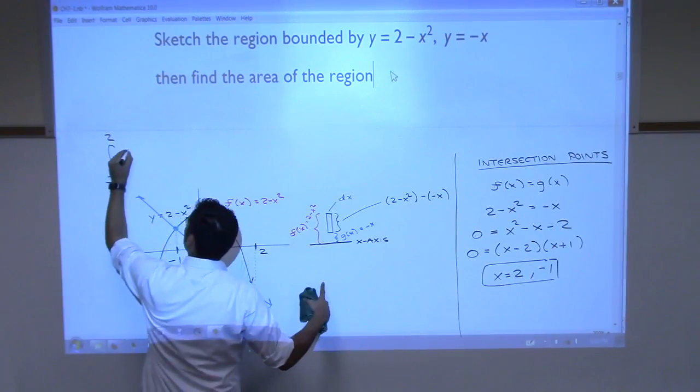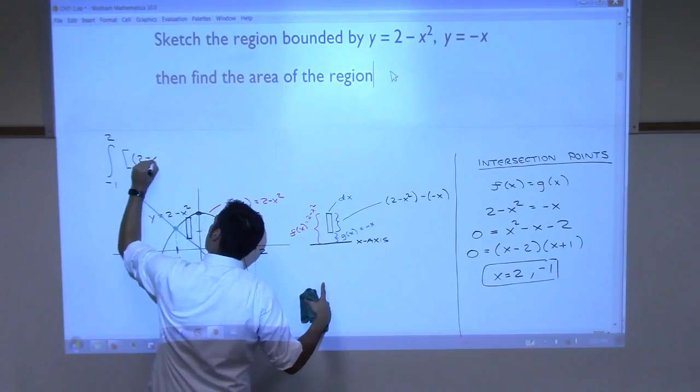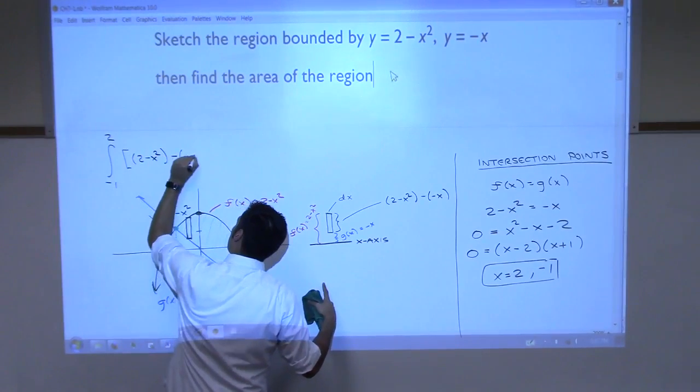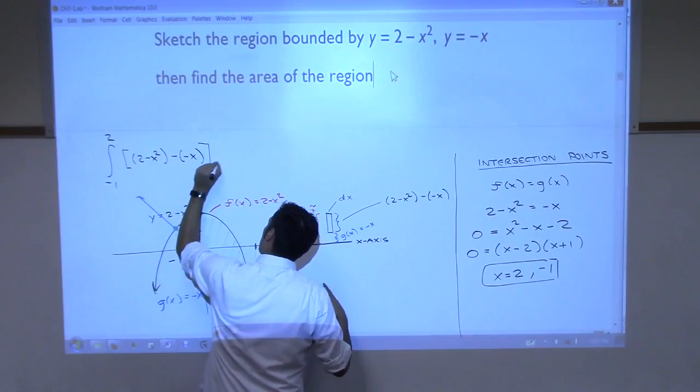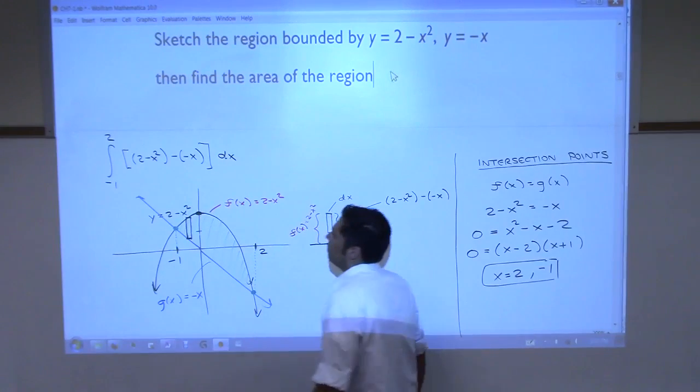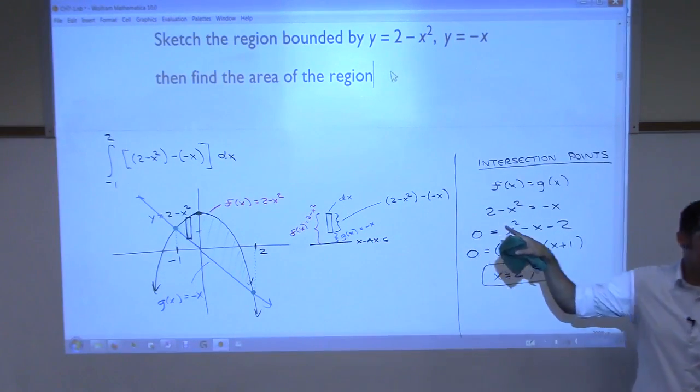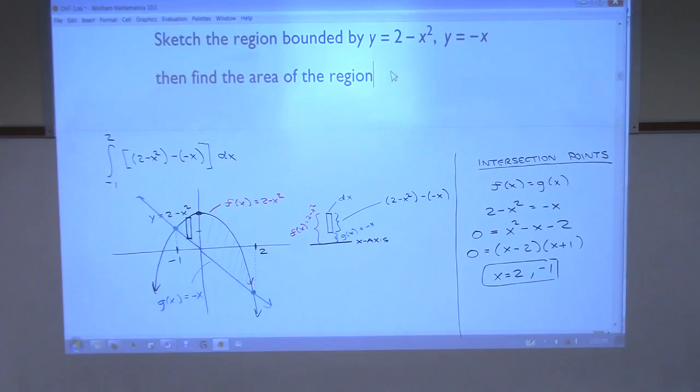So watch how I write this. Here's f minus g dx. I could use parentheses instead of brackets, but I just chose to use brackets.